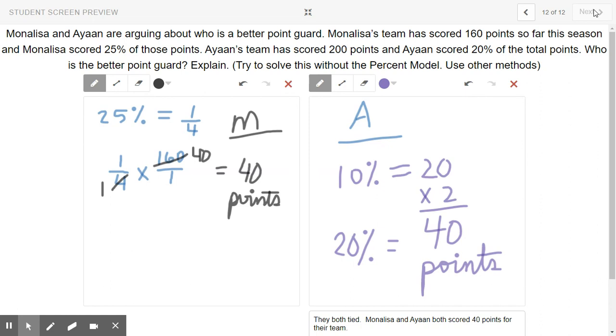Explain. Try to solve without using percent model. Use other methods. So for Mona Lisa, I changed 25% into 1/4, and I found 1/4 of the 160 points. In the lesson video, I did mention that of could be replaced with multiplication. So when you're finding 1/4 of 160, it equals 40 points.